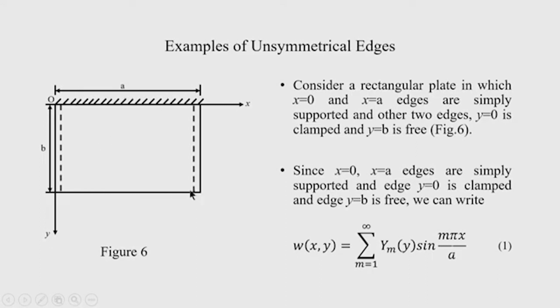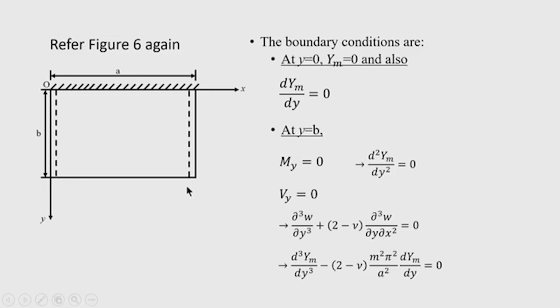So, because of this boundary condition, the plate is an unsymmetrical plate. In that case the requirement is that at y is equal to 0, along this edge, the deflection is 0 and the slope is 0. So, Y_m is 0, and the slope, that is the first derivative of Y_m, is also 0.